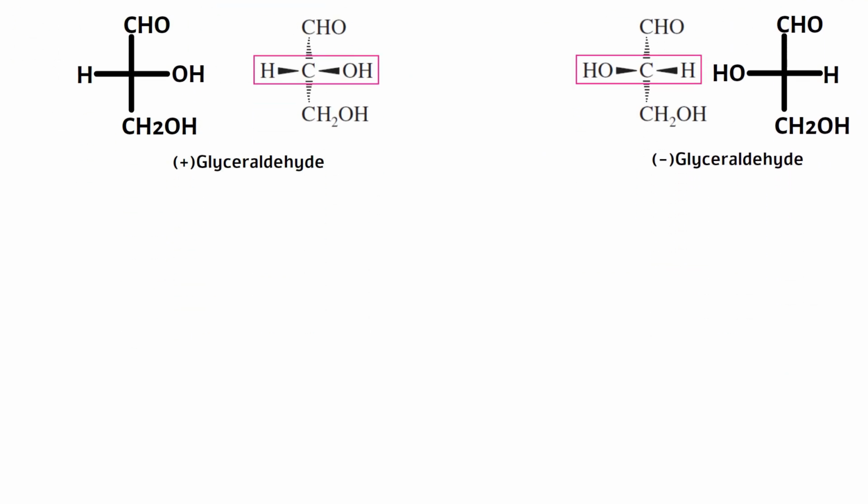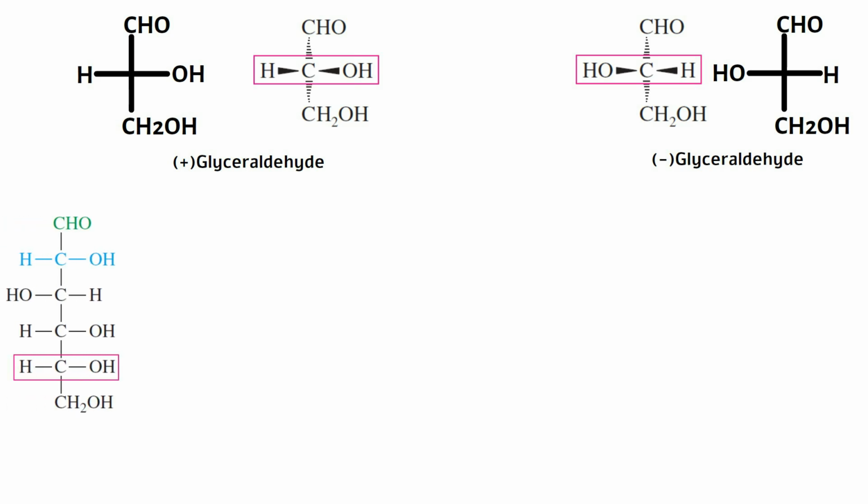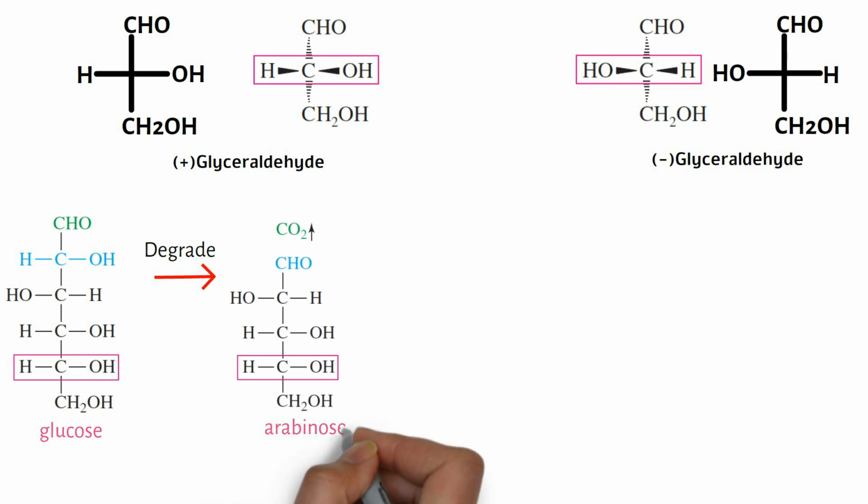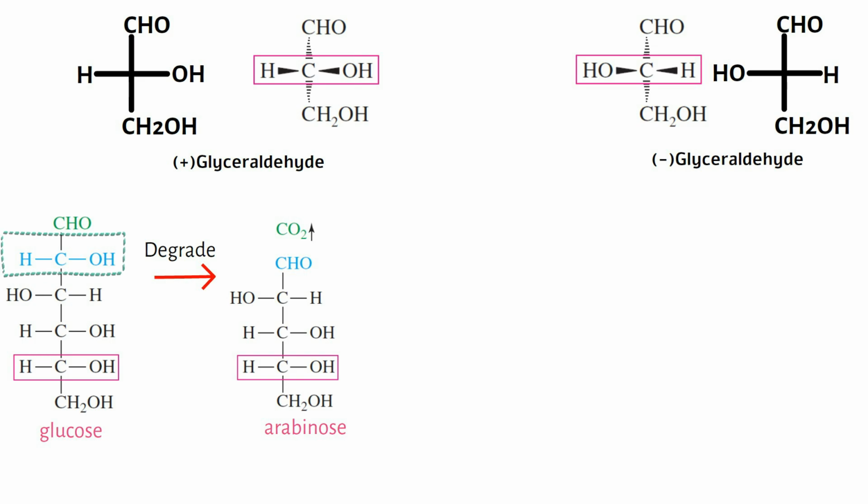Now let us examine what actually happens in the process of degradation of sugars. Take this 6-carbon sugar called glucose. Degradation removes the aldehyde carbon atom as carbon dioxide molecule and converts it into 5-carbon sugar called arabinose. In this process, the first asymmetric carbon is oxidized into aldehyde group.